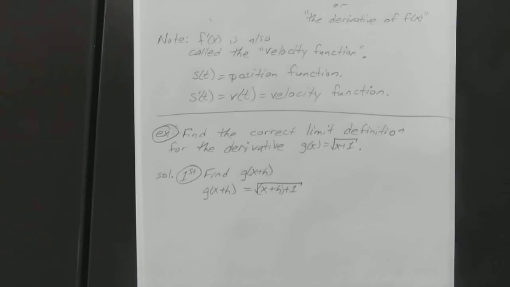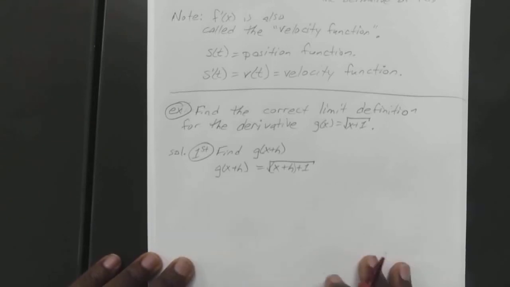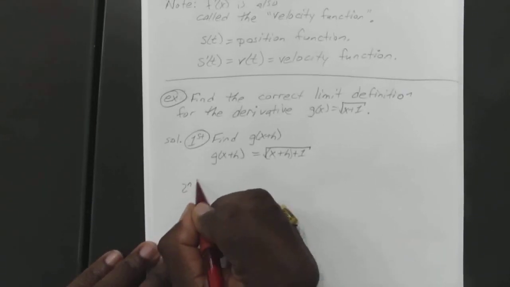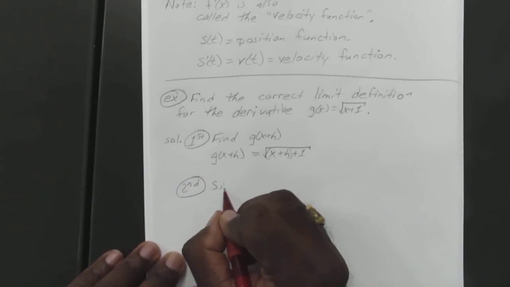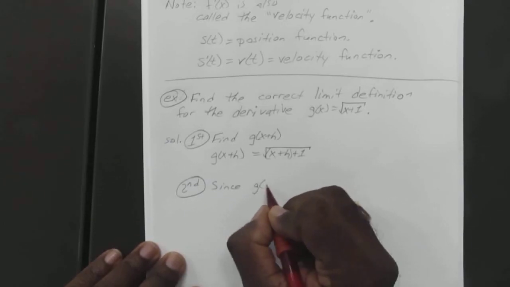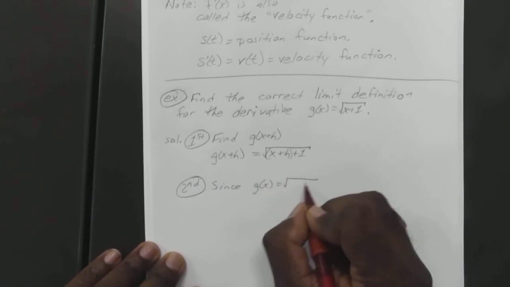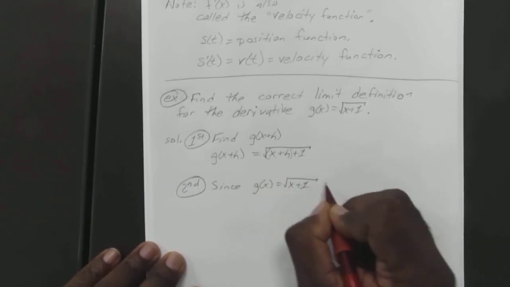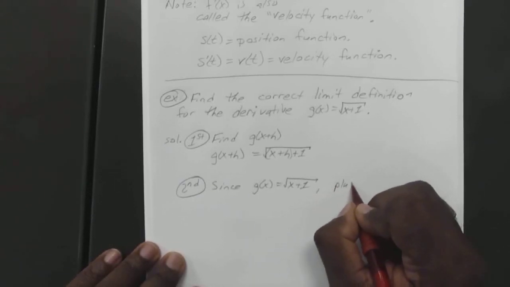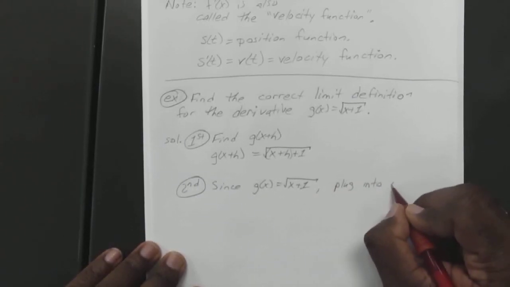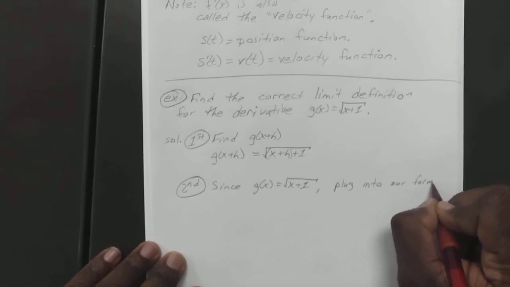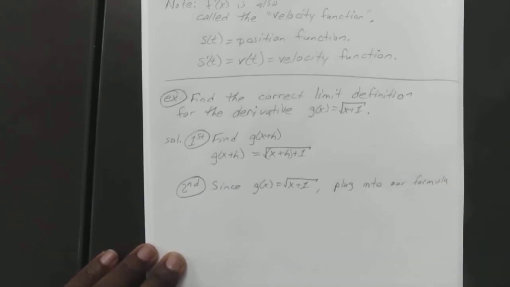Now your second step is, you already know what your g of x is, so you're going to plug that into your formula. Since g of x is equal to square root of x plus 1, we're going to plug into our formula.